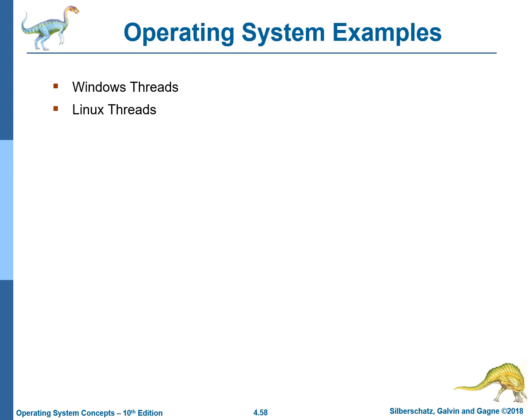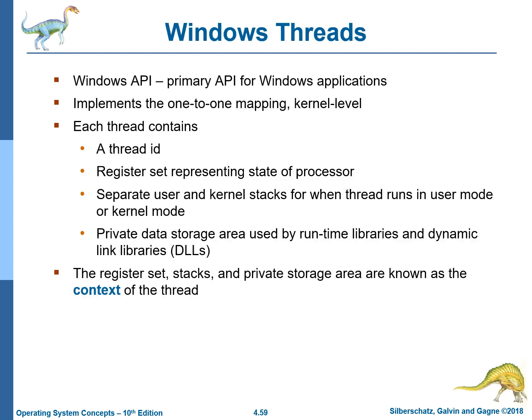Operating system examples: Windows threads and Linux threads. Windows threads. The Windows API, or Windows Application Programming Interface, is the primary API for Windows applications. It implements the one-to-one mapping at kernel level.